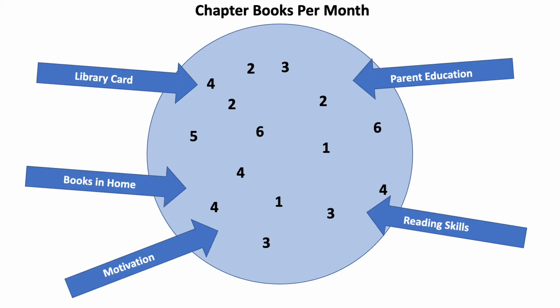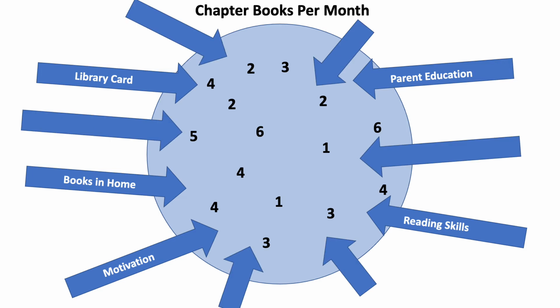Perhaps it's their parent education or the number of books in the home or the kids' motivation levels. There are many, many possibilities for why there is so much variability. And there are a lot of other variables or factors that maybe we can't even label and we don't even know about. But this particular researcher wants to look at the parent education.